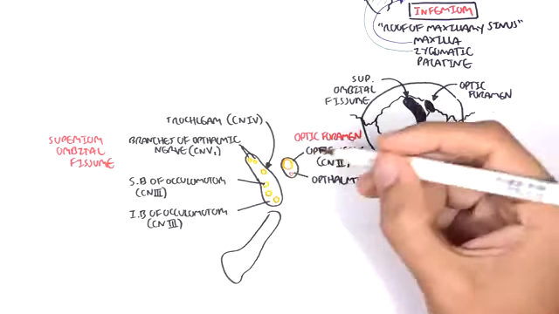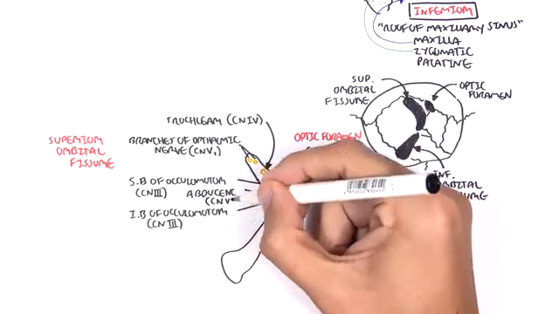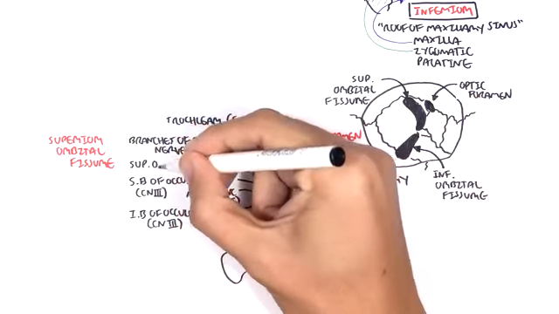Then you also find the abducens nerve, cranial nerve number 6. These nerves are very important because they pass through the superior orbital fissure and they innervate the muscles responsible for moving your eyeball. Then you have an important vein called the superior ophthalmic vein.